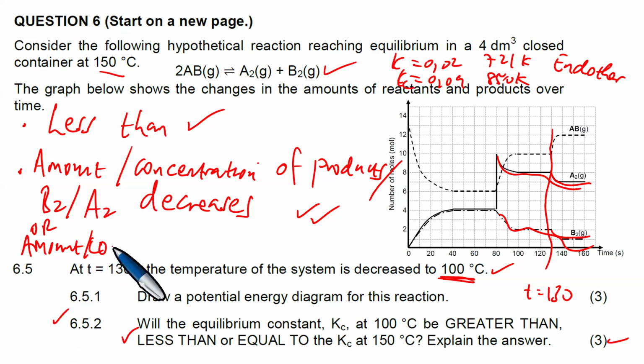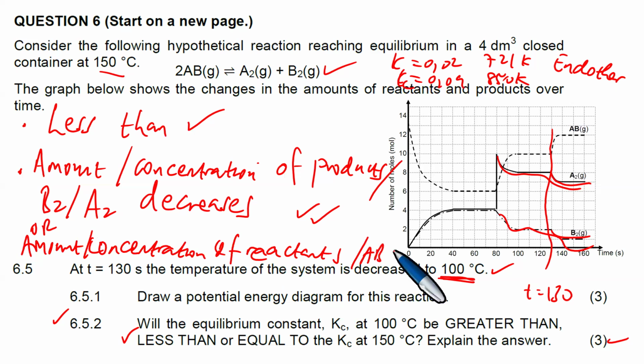So you can always say amount or concentration of reactants, which is AB, increases. We can see that the AB increases, and it means that the reactant increases when the products tend to decrease.